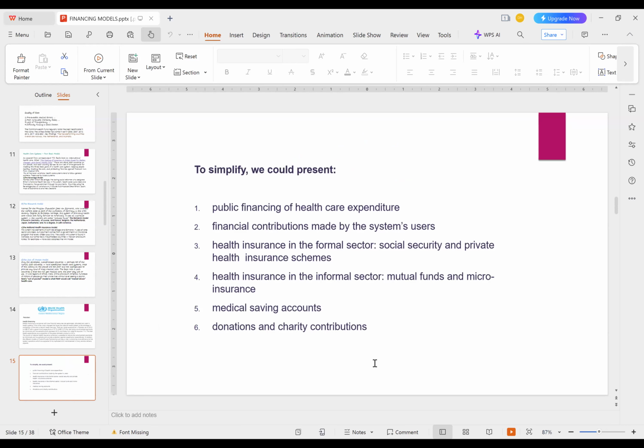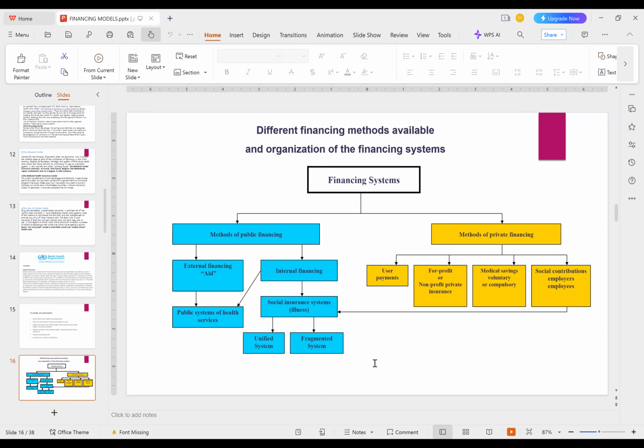To simplify, we could present in the terms of universal health coverage: public financing of healthcare expenditure, financial contribution made by the system's users, and health insurance in the formal sector, social security and private health insurance schemes, health insurance in the informal sector, mutual funds, and microinsurance, medical savings accounts, donations, and charity contributions.